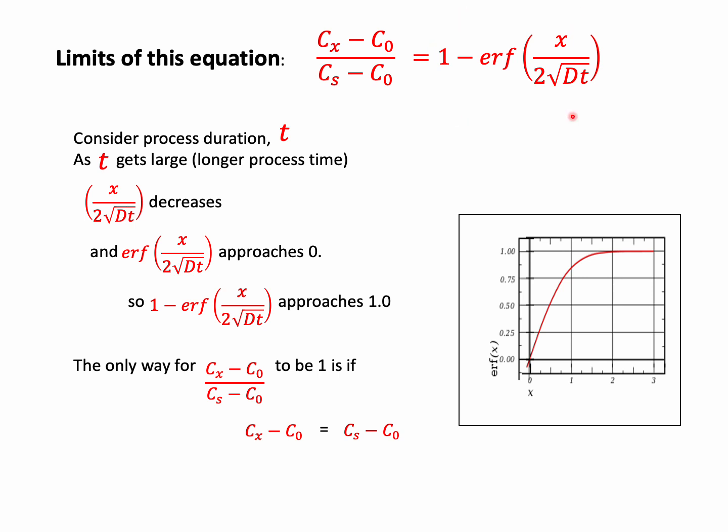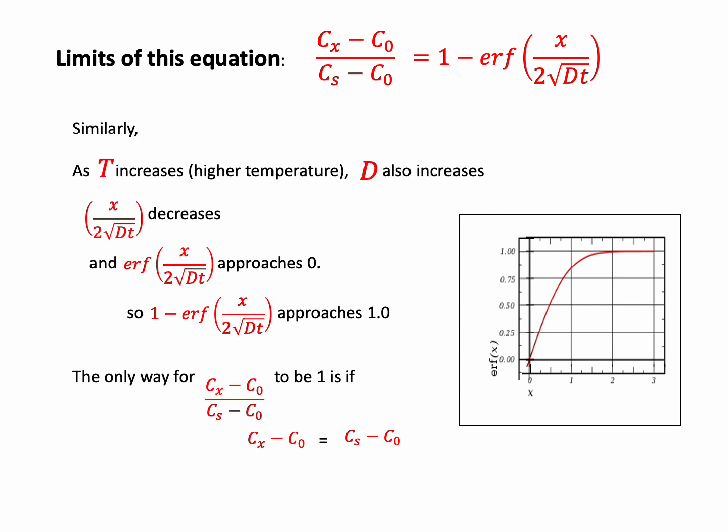So for the whole entire right side of the equation to equal 1, the only way for that to be true is if the numerator is equal to the denominator. And if C sub x minus C0 is equal to C sub s minus C0, that just means that C sub x is equal to C sub s. So as time increases, the concentration of carbon at depth x approaches the carbon concentration at the surface, what we're exposing the steel to.